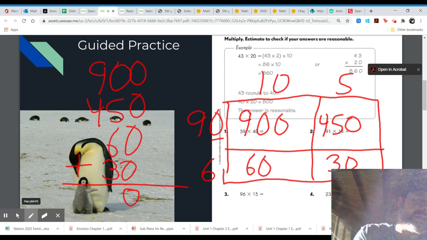The second row has a 5 plus 6, which is 11, plus 3 is 14. You've got to carry the 1 or regroup. 9 plus 1 is 10, plus 4 is 14. So your answer is 1,440 if you add all those up. Okay. And remember, that's the area model method.